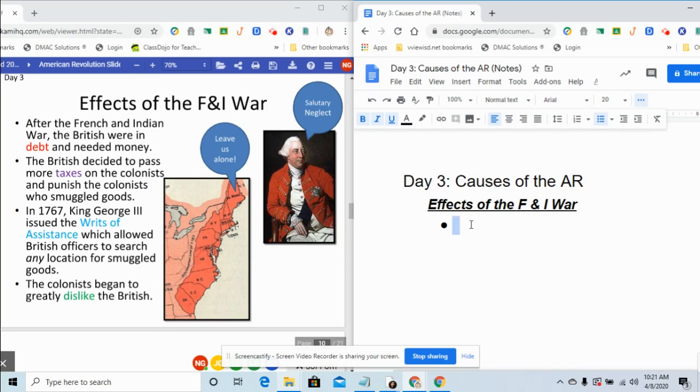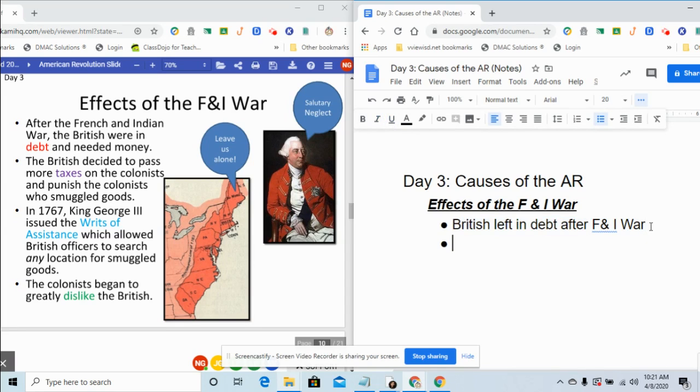An easy way of rewriting this is: the British left in debt after F and I War. That's a really simple way of abbreviating what's going on there.